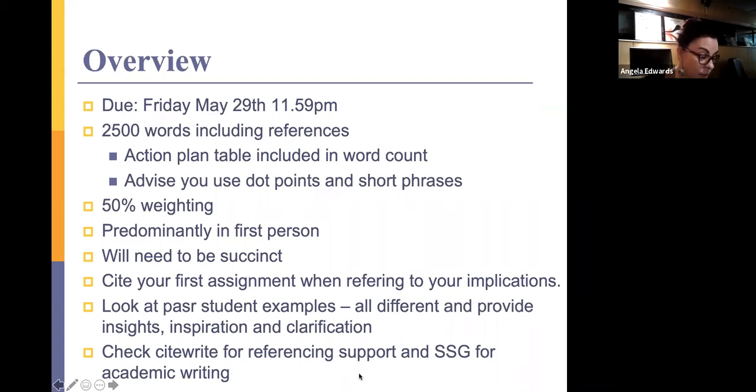If you did have some issues with that, I've given you some feedback and also encourage you to go off and have a look at SiteRight to make sure that you are up to speed with that. All right, so that's pretty much it in a nutshell for assessment task 2.